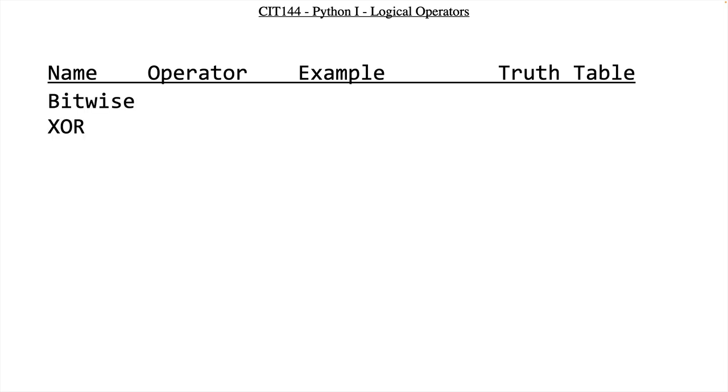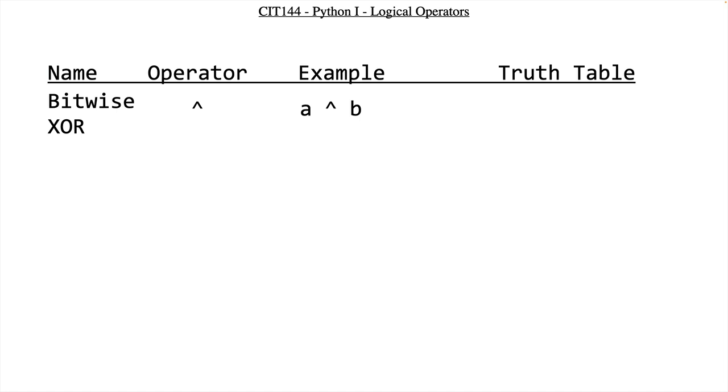One operator that we may or may not have mentioned is exclusive OR, written as XOR, and the operator for exclusive OR is the caret symbol.